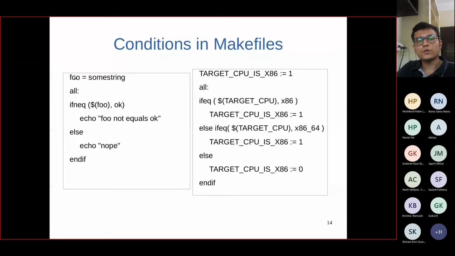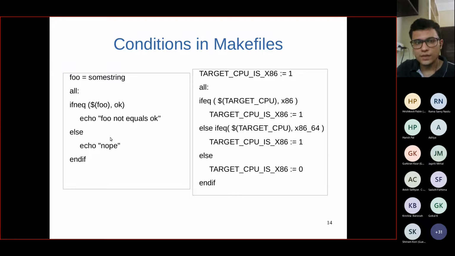I have assigned some string to foo, and then I'm checking if this foo is equal to okay, and it is actually not equal to okay, right? So this one will be executed, and the output will be foo not equal to okay, because foo is some string, it is not okay. And if this was some string instead of okay, then it would have printed no.